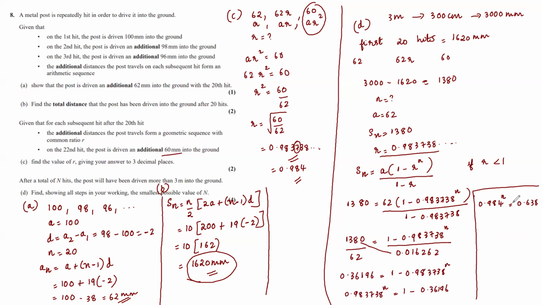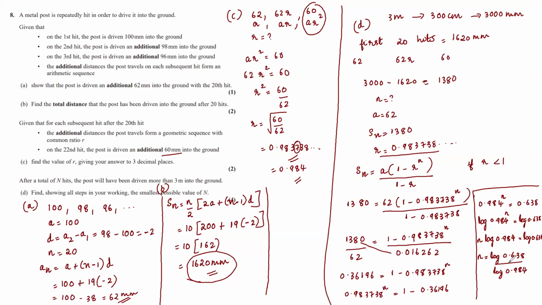So put log on both sides. We will get log 0.984 to the power of n is equal to log 0.638. Log a to the power of n is n log a, so n log 0.984 is equal to log 0.638. So n will be log 0.638 divided by log 0.984.